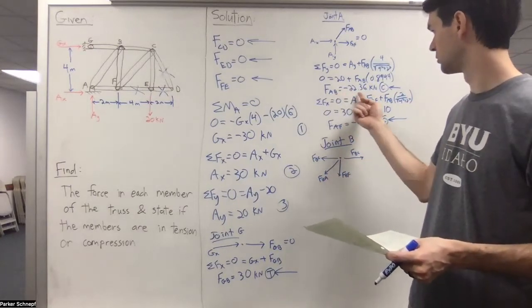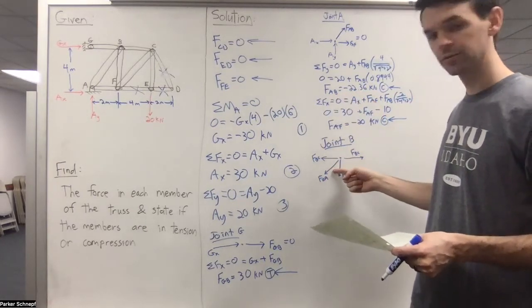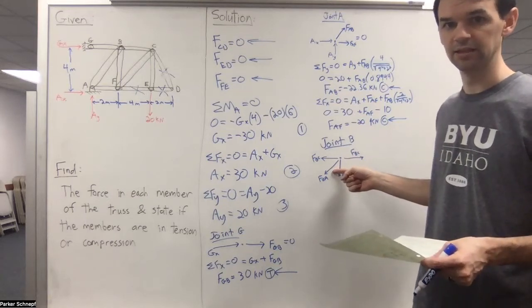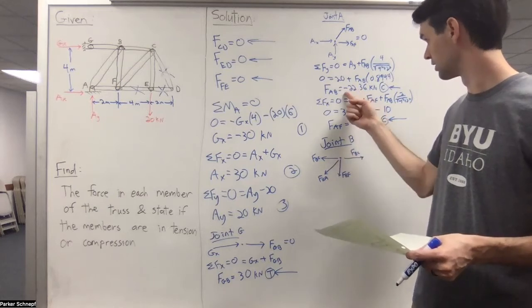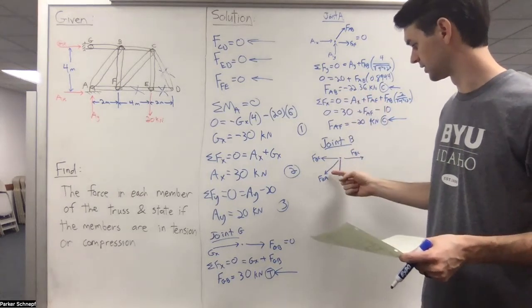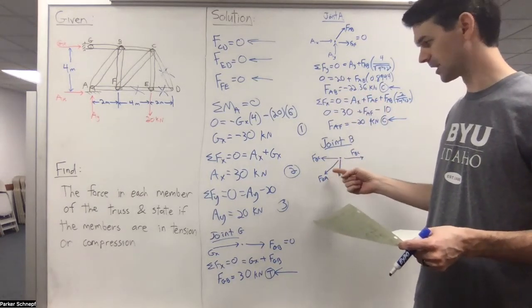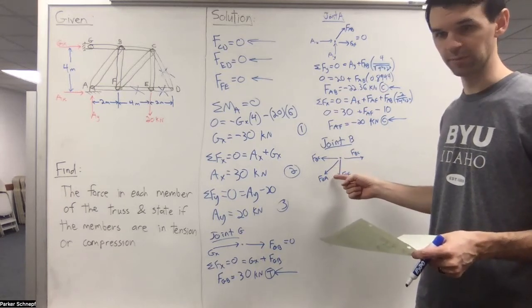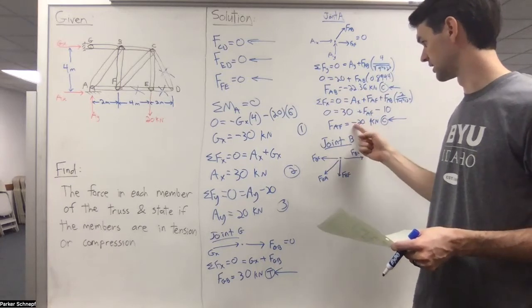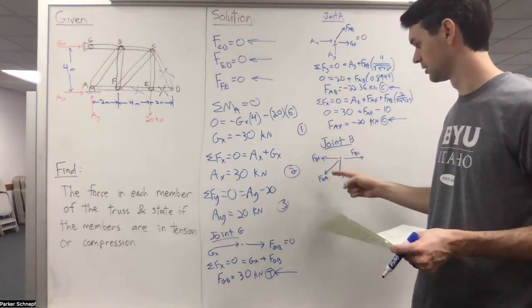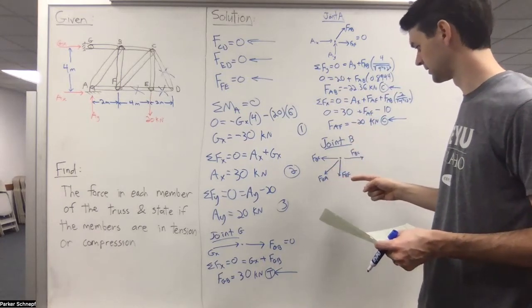I found FAB to be in compression up here. I still am going to draw it in tension. And when I substitute in the value for it, I'm just going to substitute in negative 22.36. Again, that's just the way I prefer to bookkeep it. Just draw everything in tension and just let the sign tell me. Let the math fall out that way.